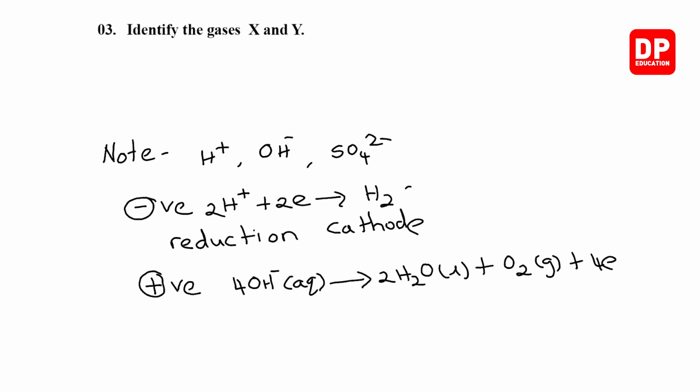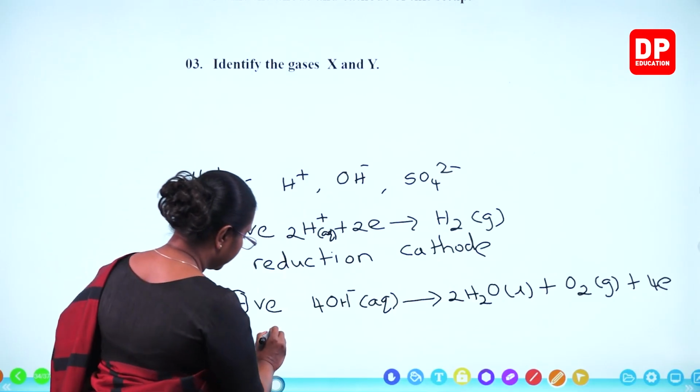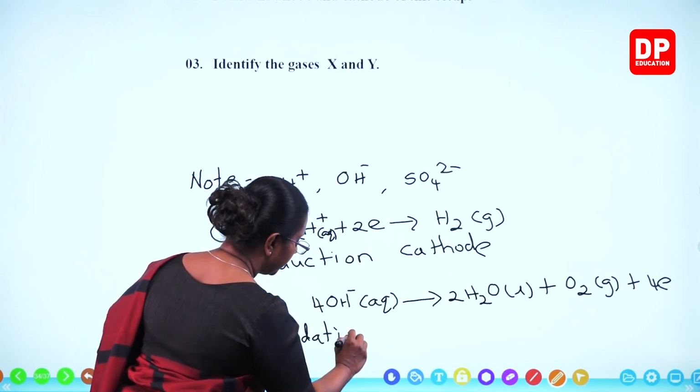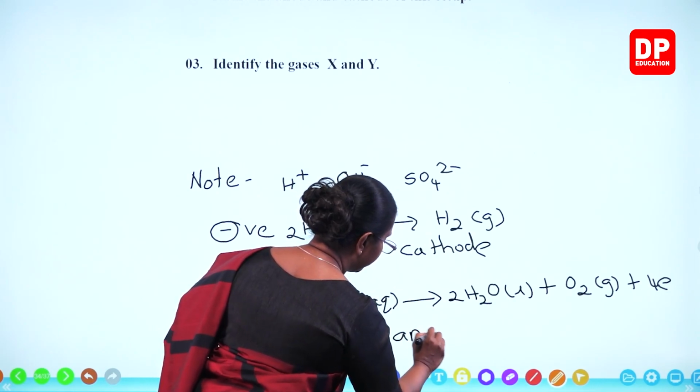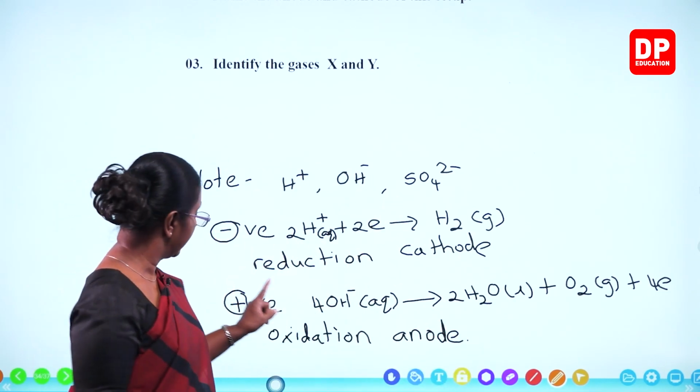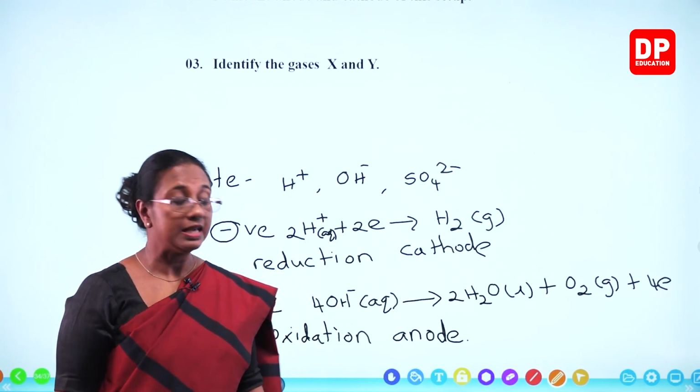Now here also we can put the physical states, H plus aqueous and H2 gas. So this is the oxidation reaction. Oxidation, so it is the anode. So the negative electrode is the cathode and the positive electrode is the anode.